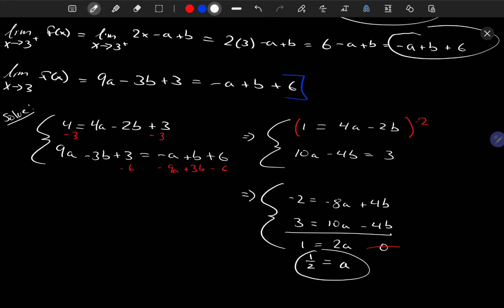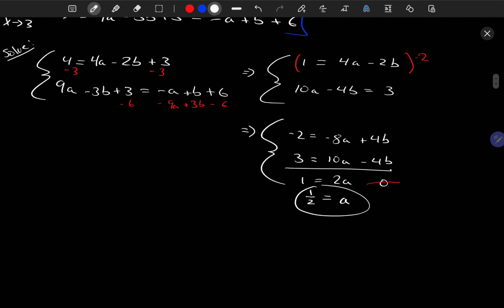And if we go back and plug in the a, we should get 4 divided by 2 is 2. 1 minus 2 is negative 1 equals negative 2b.